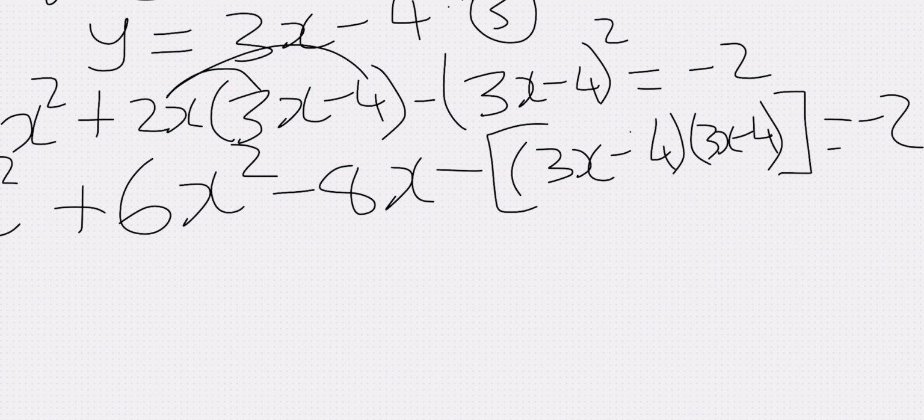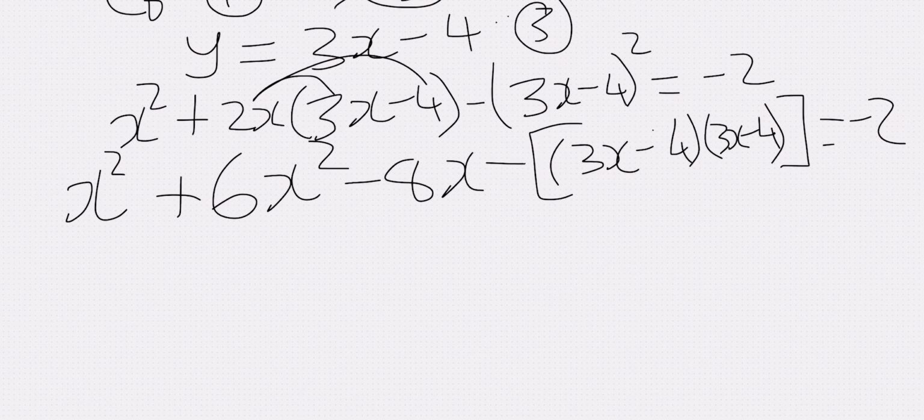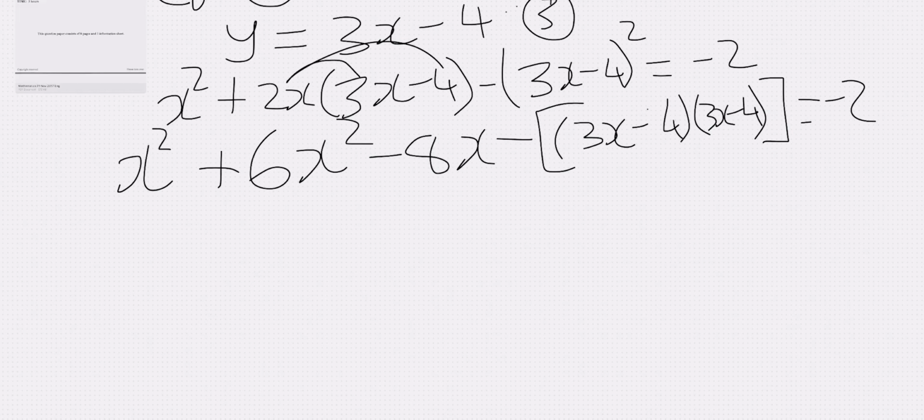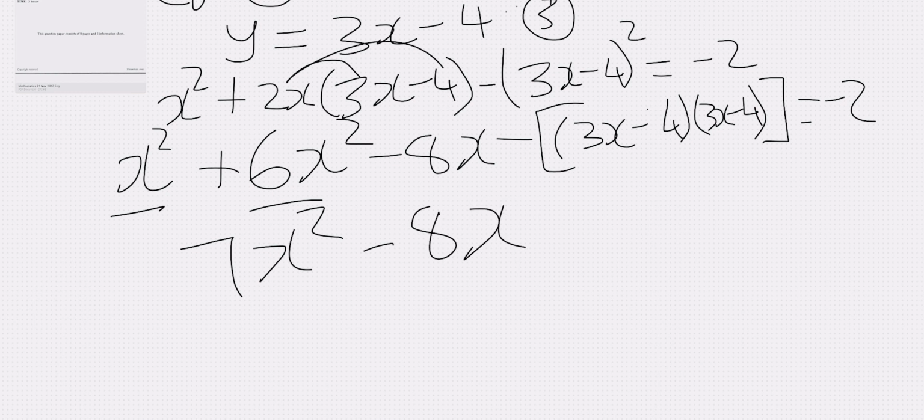Let's see if there are any like terms, because we don't want to waste our lives doing unnecessary things. There is x squared here, there is x squared. You can simplify that and group it to become 7x squared, and minus 8x, let's drop this as it is, minus solid bracket. So we expand the brackets by multiplying this with this and also this with that.